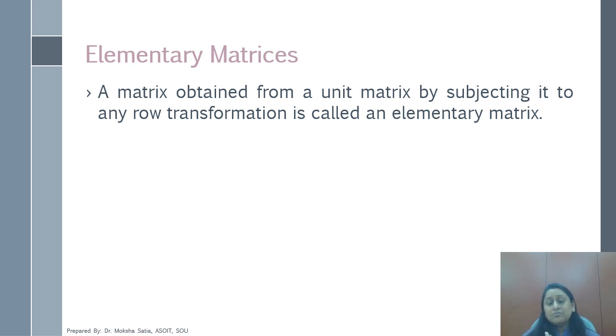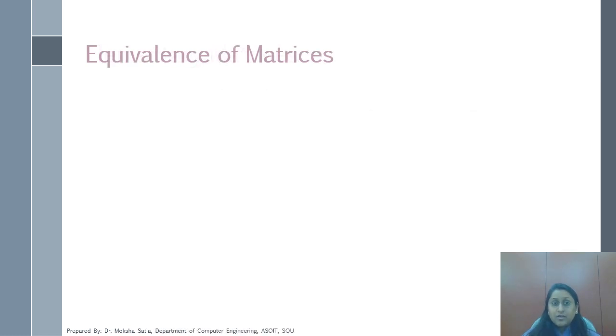Meaning the resultant matrix obtained through the row operations is called an elementary matrix. But the question remains the same. Do we change the matrix property by using row operations?